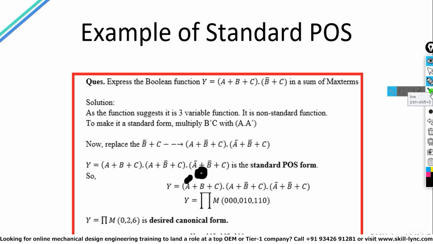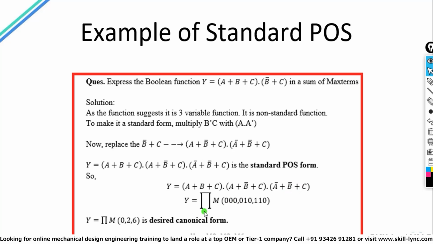Okay, B bar will be 1. So B bar stands for 1 and A stands for 0. Why is it so? Because it is a POS, and in POS, A stands for 0 and A bar stands for 1. So we are converting it as 000, 010, 110.